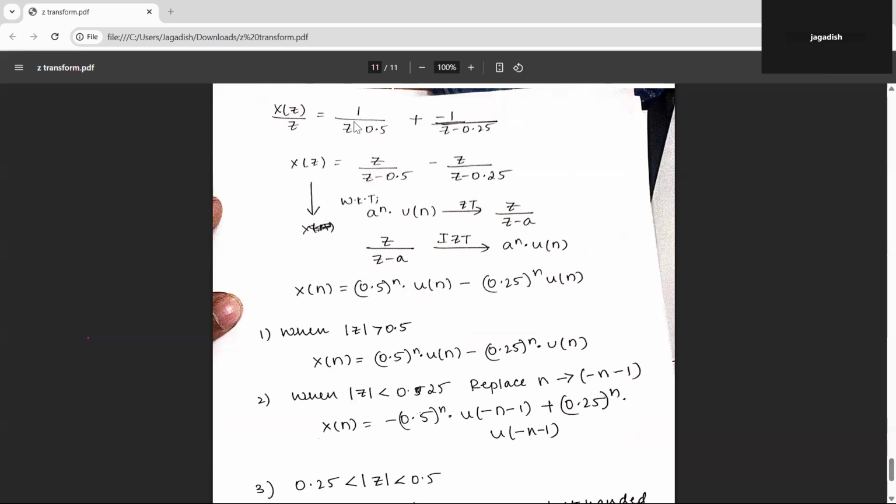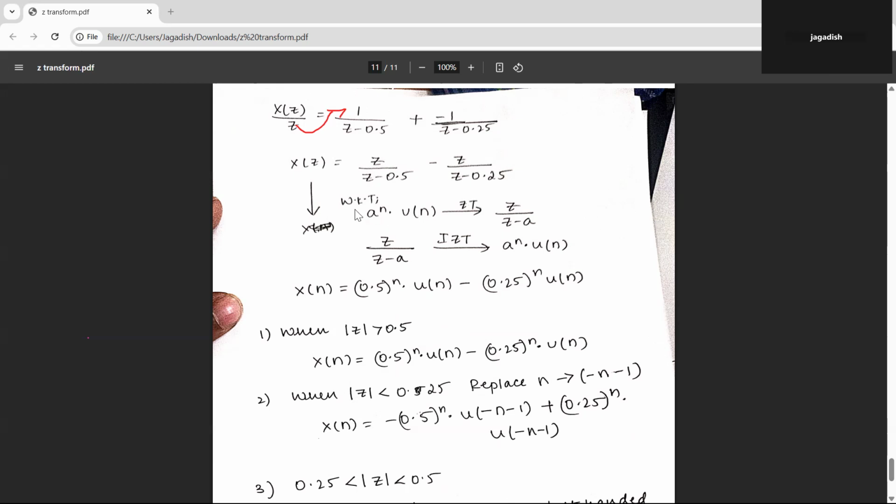So 1 divided by (z minus 0.5) minus 1 divided by (z minus 0.25). Now I multiply this by z, so I get X of z equal to z divided by (z minus 0.5), minus z divided by (z minus 0.25).